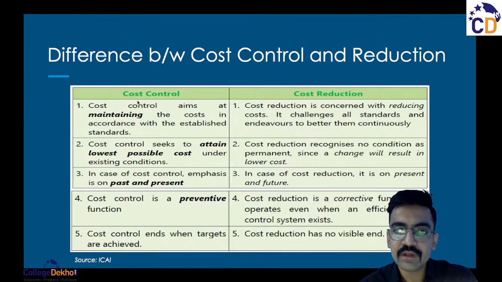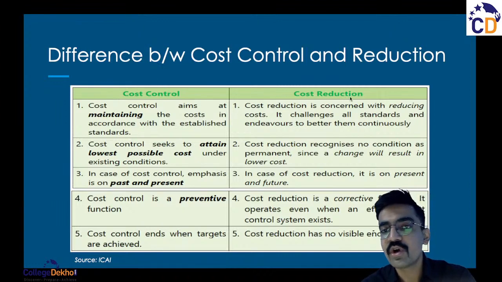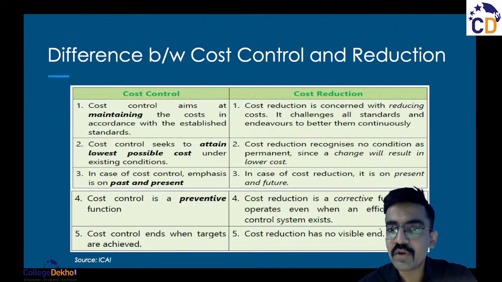Now this is concerned with cost control, but in cost reduction, this company would challenge this standard of 20 rupees, and challenge that a lower level could also be paid for the same amount of raw material, for the same amount of services.